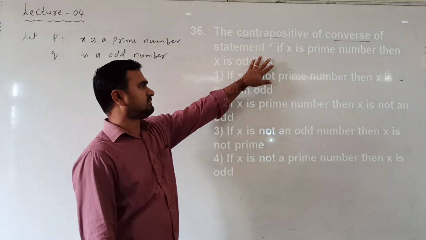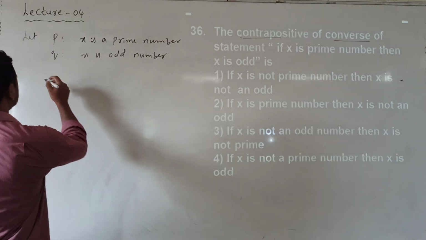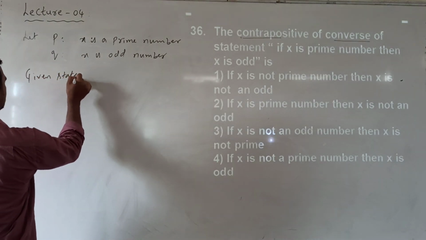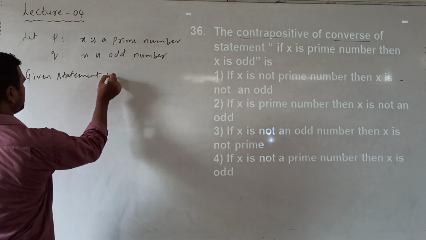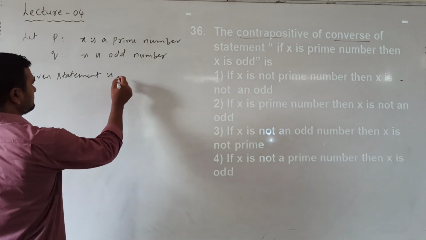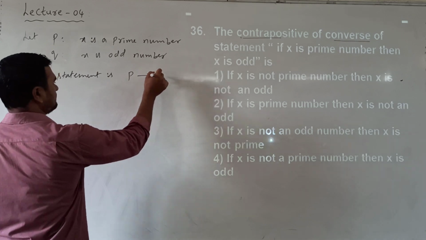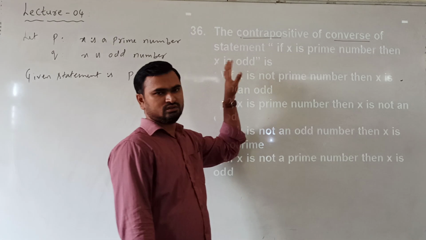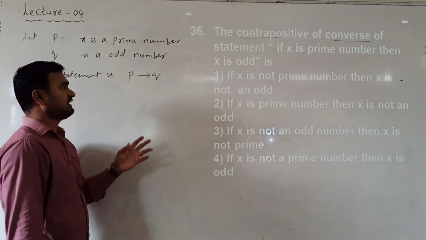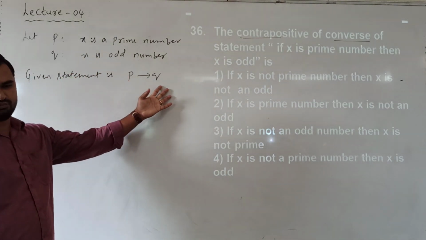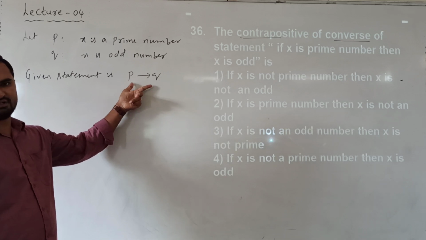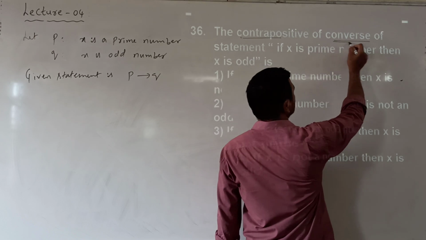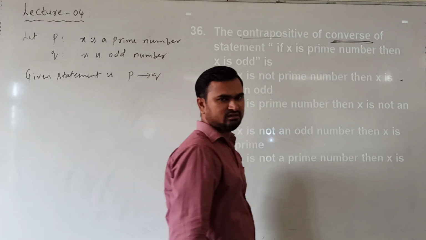So the given statement can be written as P implies Q, because we have if P then Q. It is a conditional, P implies Q. Now, for this statement, first we find the converse.